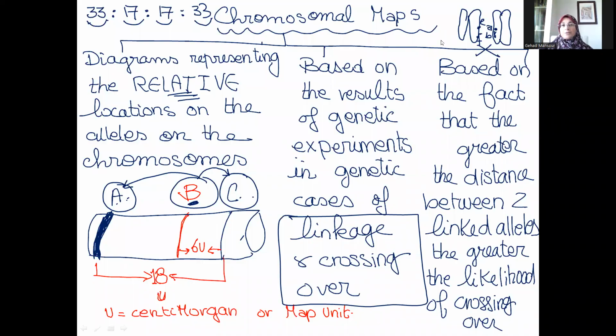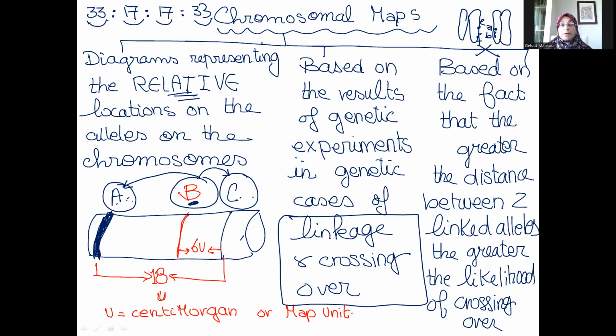Hello again. So we were talking about chromosomal maps and saying that the distance between the two alleles on the diagram of the chromosomal map is an indication of how far the two genes are located from each other on the same chromosome, and that the greater the distance, the greater the likelihood of crossing over between the two alleles.